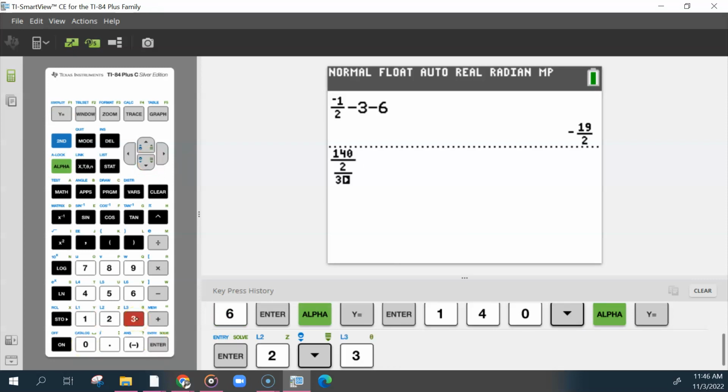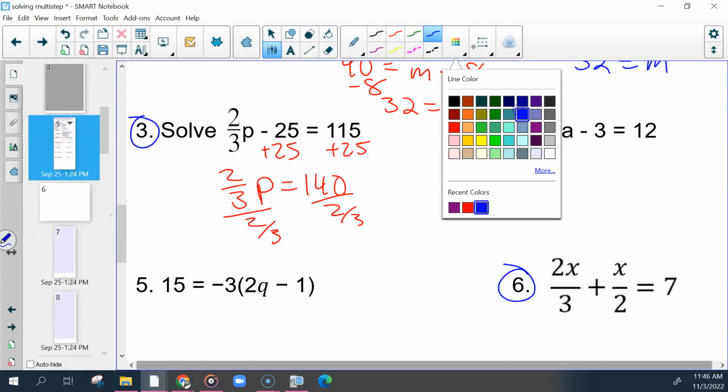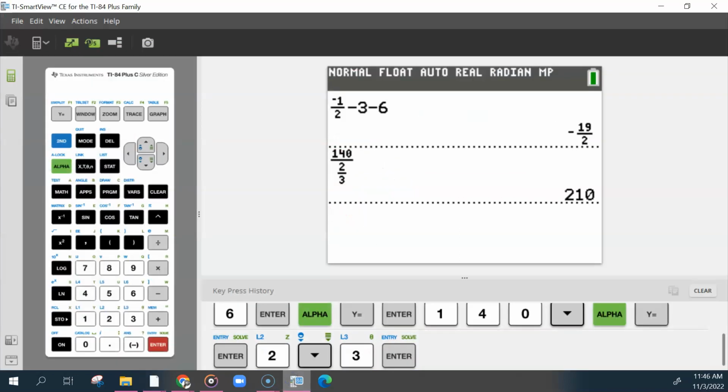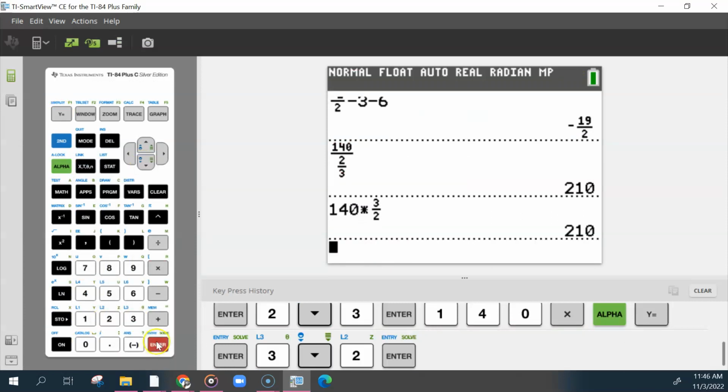So again, it doesn't look nice, but when you divide by a fraction, you end up with something bigger than what you started with. The reason it does that is because it's really taking this fraction, flipping it, and multiplying it on both sides. So if I were to put that in my calculator instead, you get the same thing.